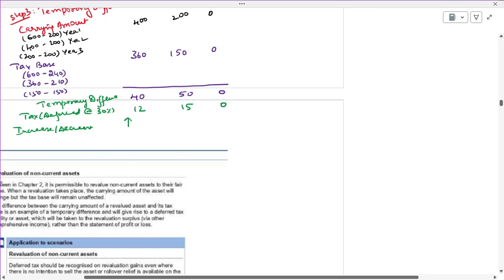It increased by 12, then 15 minus 12, so it has increased by 3. By the time you reach year 3, definitely you will pay all the tax. The tax will be 0.